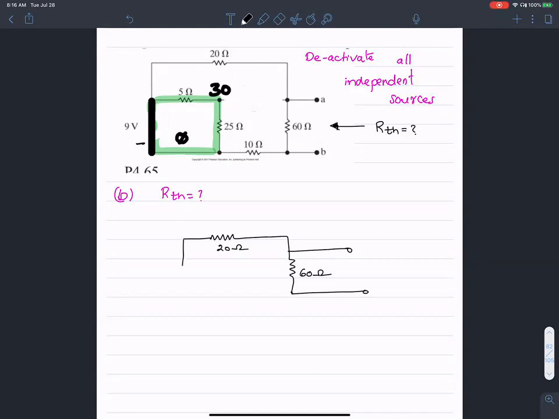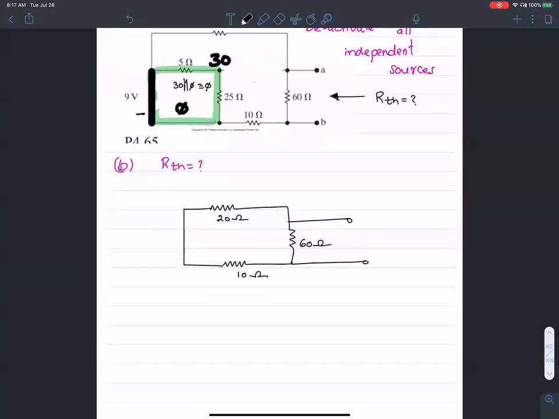Now, I'm going to replace the 25 and 5 ohms with a 0 because it's in parallel with 0 ohm resistance. So all I have here is another resistance, 10 ohms. Remember this one is 30 in parallel with 0, so that is going to be 0. So I have 30 in parallel with 60.